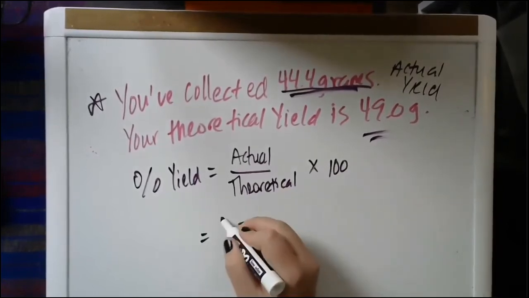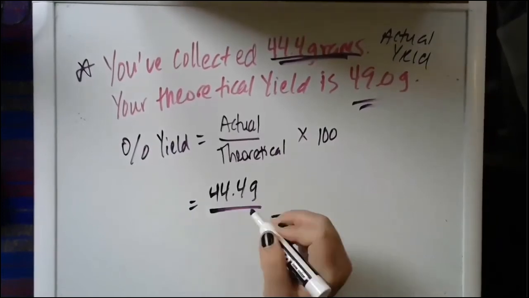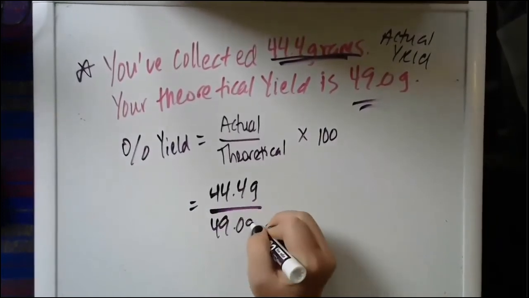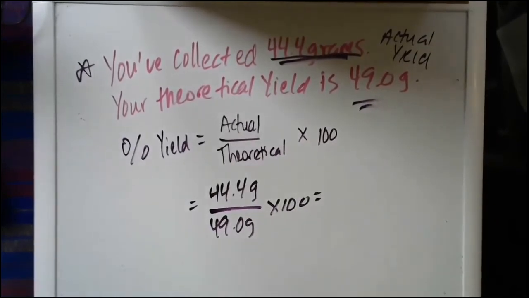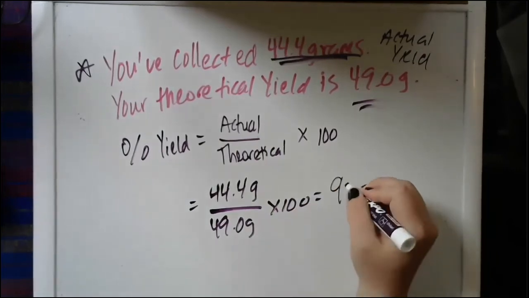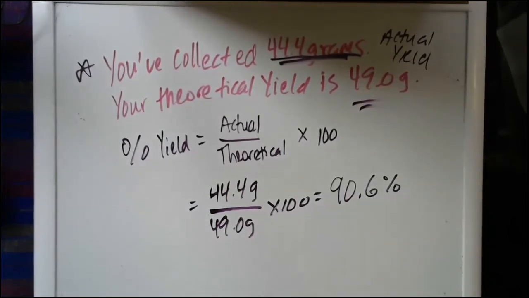So that gives us 44.4 grams over 49.0 grams times 100. Let's see what that is. Like 90.6% yield. That's a very efficient experiment.